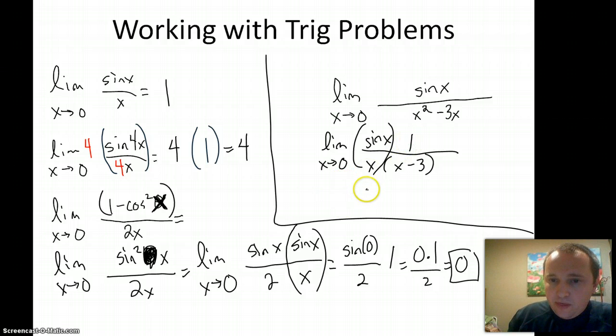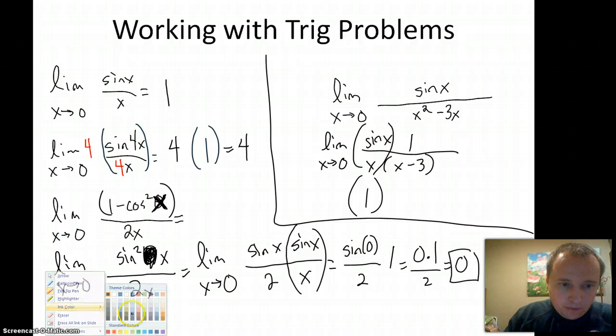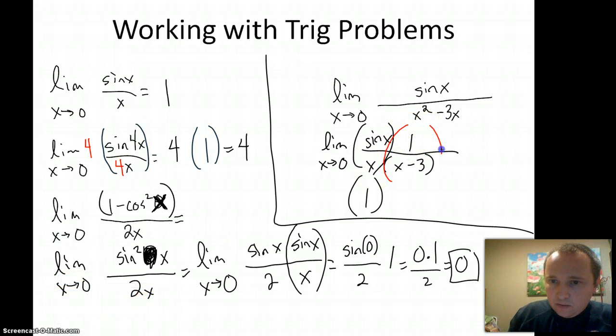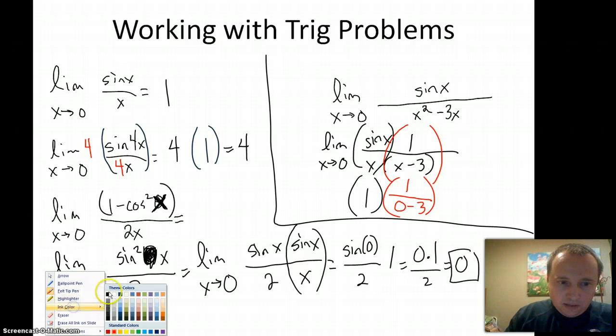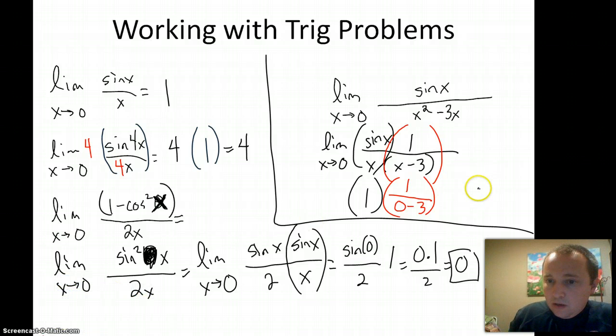And so this is going to go to 1. Well, what is this guy on the right side going to go to? It's going to go to 1 divided by 0 minus 3. Just evaluate it. Stick it in. And so what's 1 divided by minus 3? Got it. A little case of the Mondays for you. So it's just 1 over negative 3.